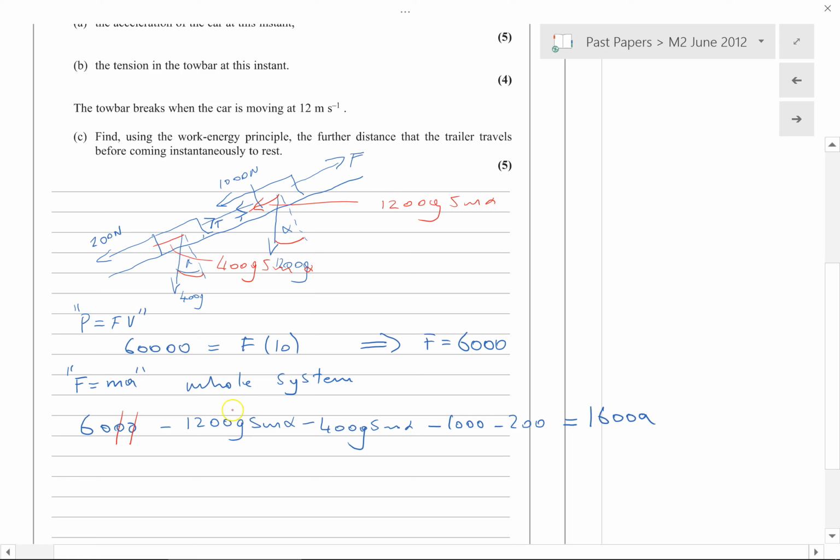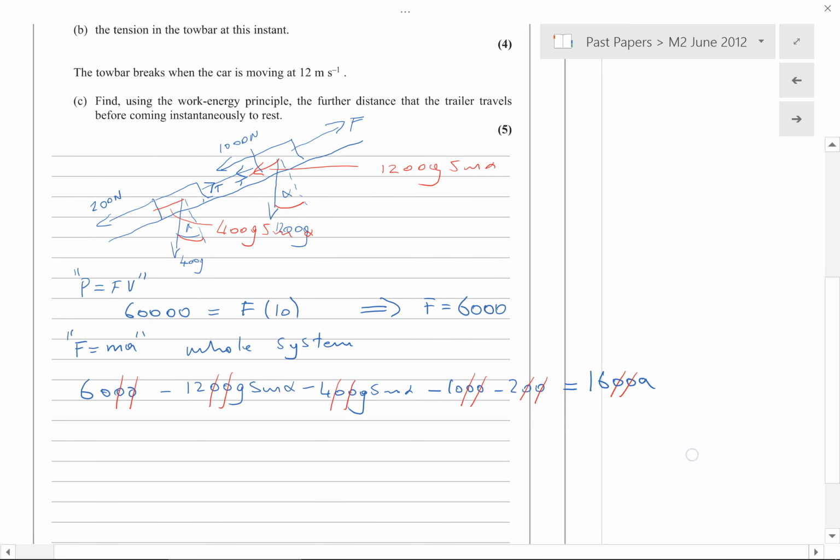So zeros cancel from all of these. Okay, and then we can sub in our values of 9.8. So that's 60 minus 12 times 9.8.